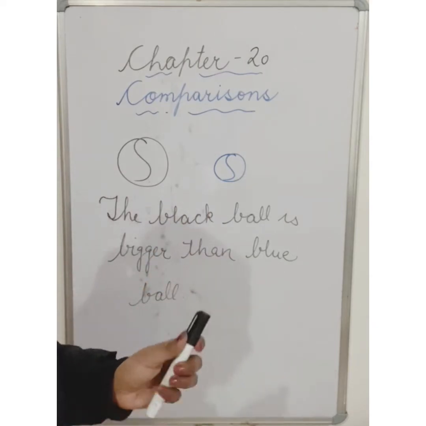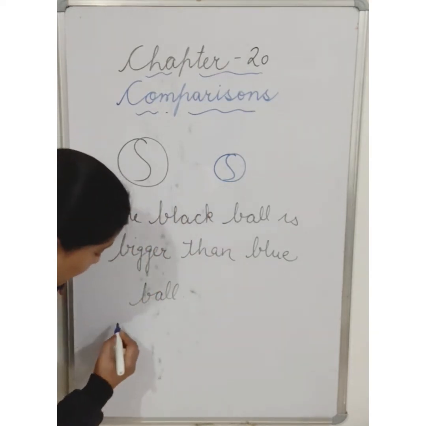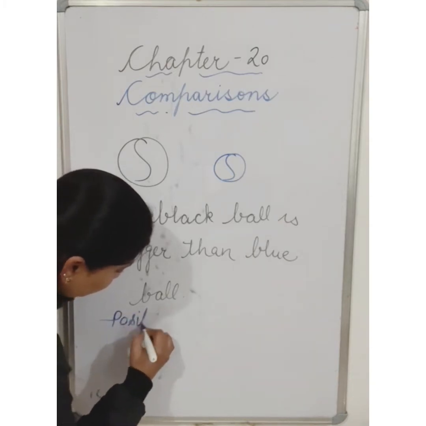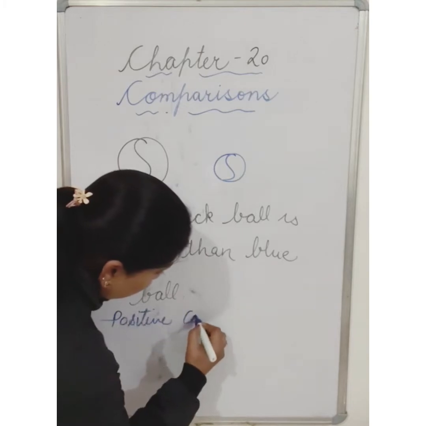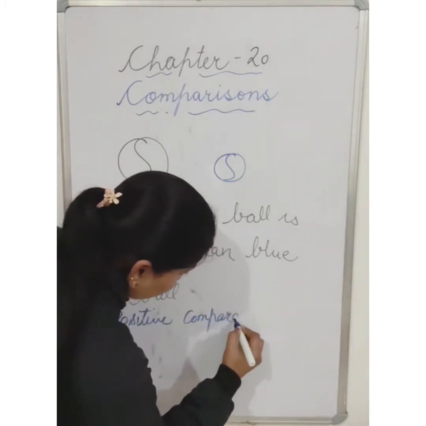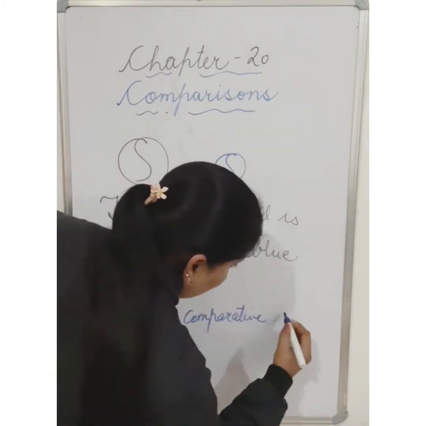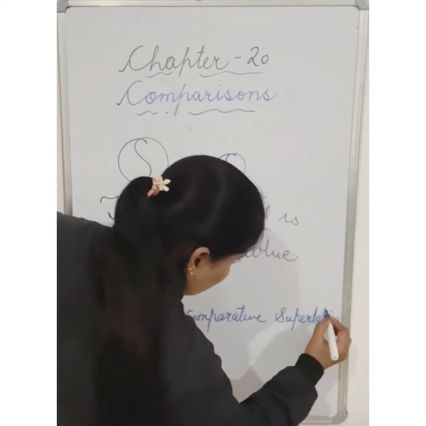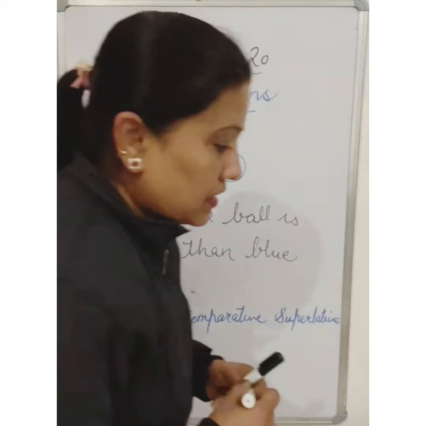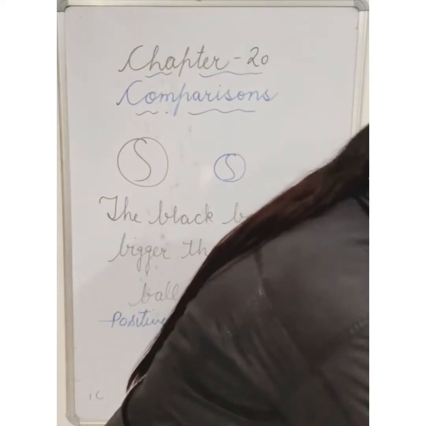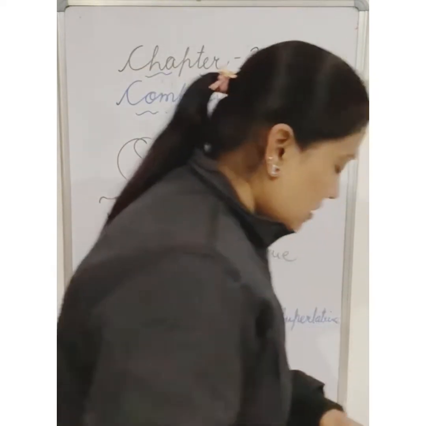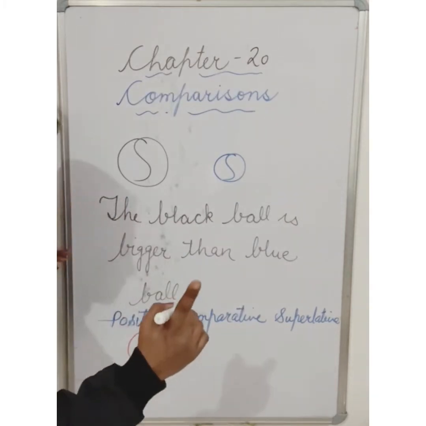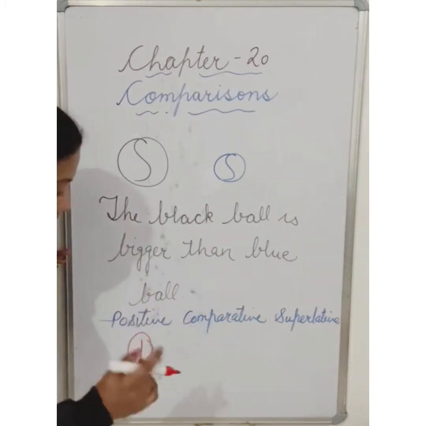Okay, so there are three types. Degrees are of three types. First is positive, second comparative, and third superlative. Positive degree is when we are talking about only one person, one place, one thing.